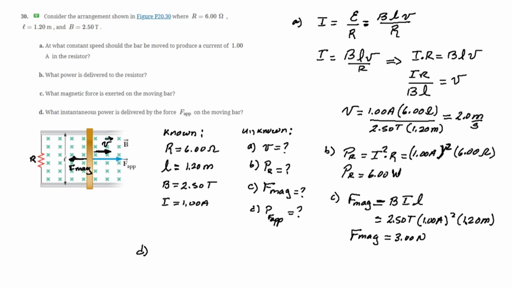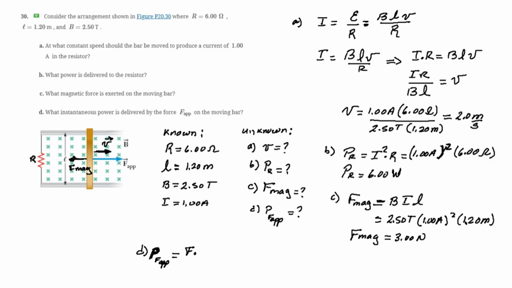Well, in this case, to calculate the power on the moving bar, or the power due to the applied force, we can say that this is equal to the product of the force times its velocity, or its speed.